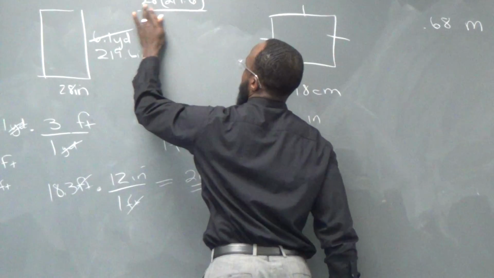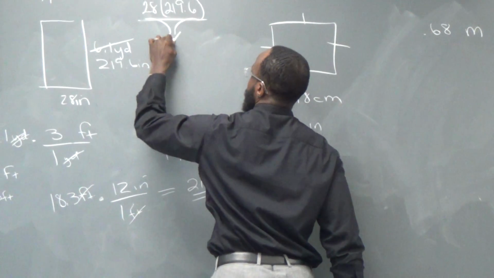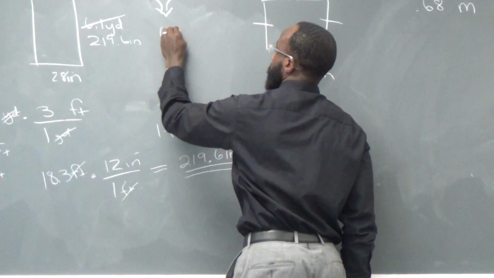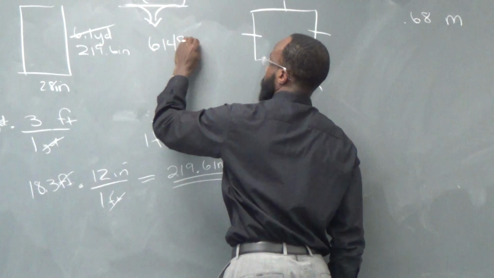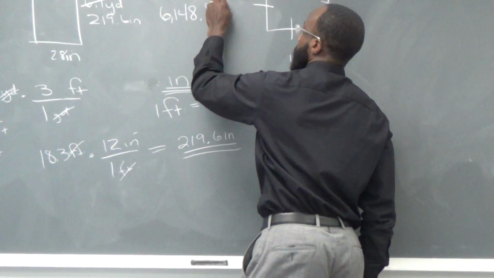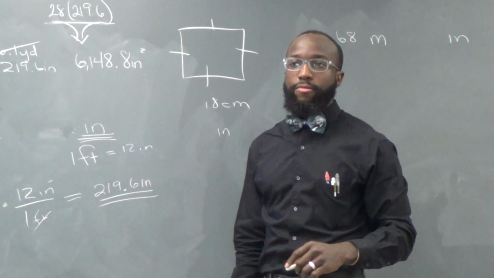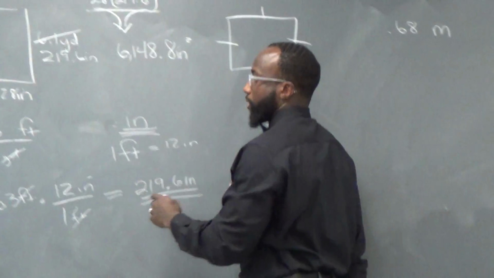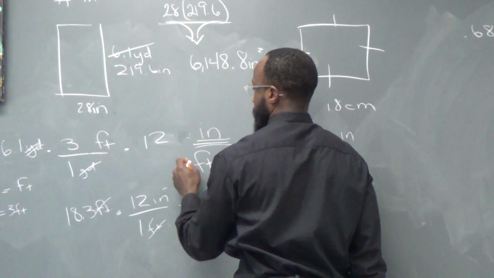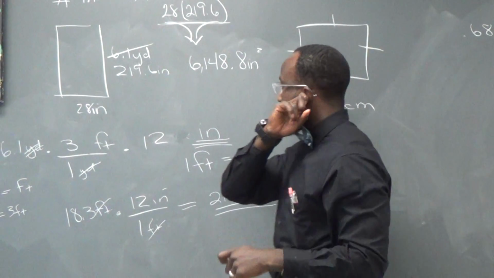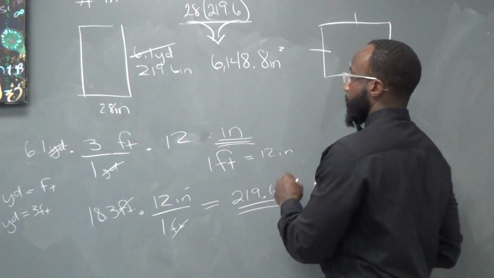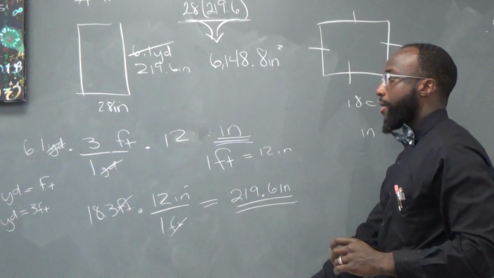And when you multiply these, you get 6,148.8 inches squared. So we went from yards to feet to inches. It's 6.1 times 3 times 12 to give us the inches that we need.